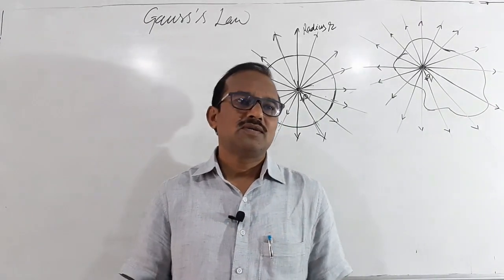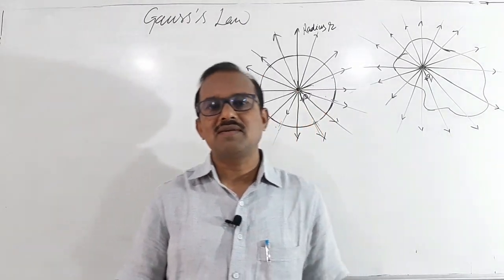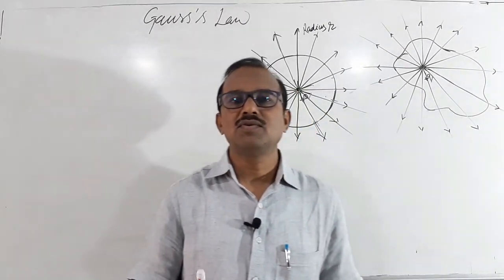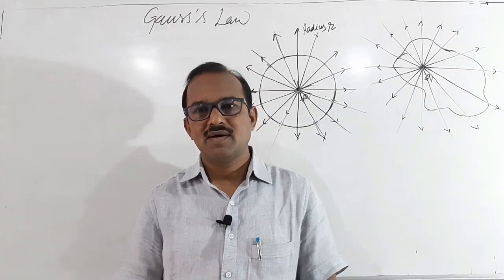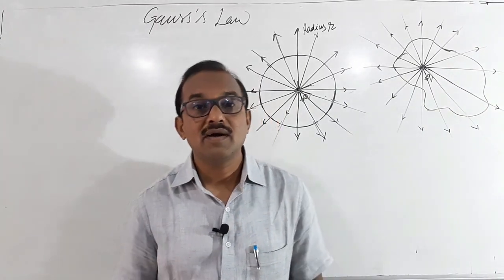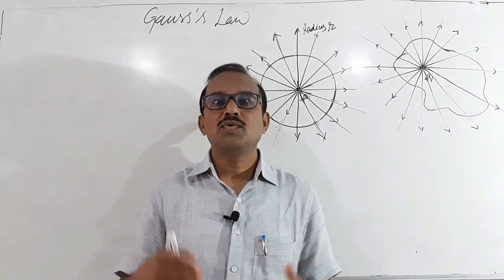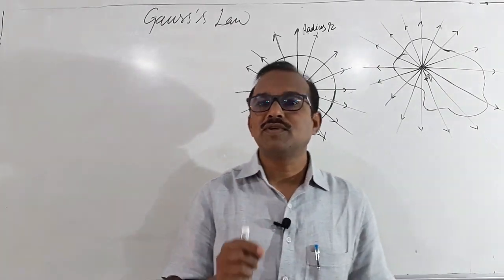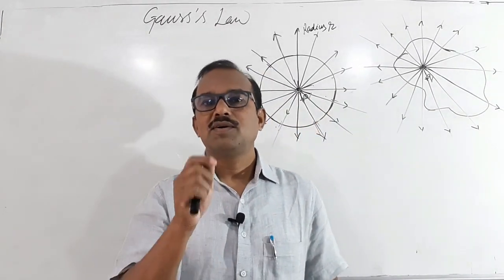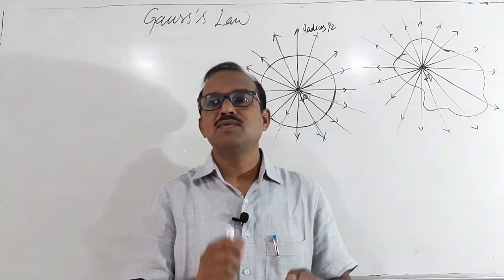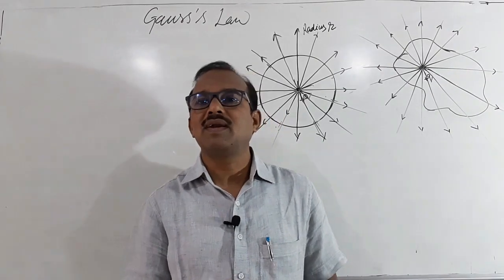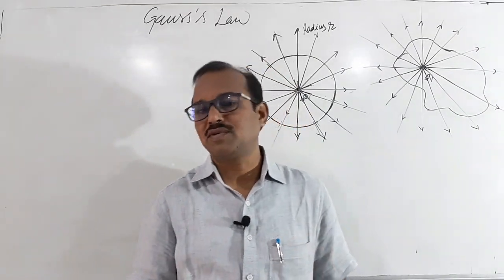So here electric flux is related to the outflow effect of the electric field, and again you know, remember it, total flux through a surface is directly proportional to the total number of electric field lines passing through this surface.